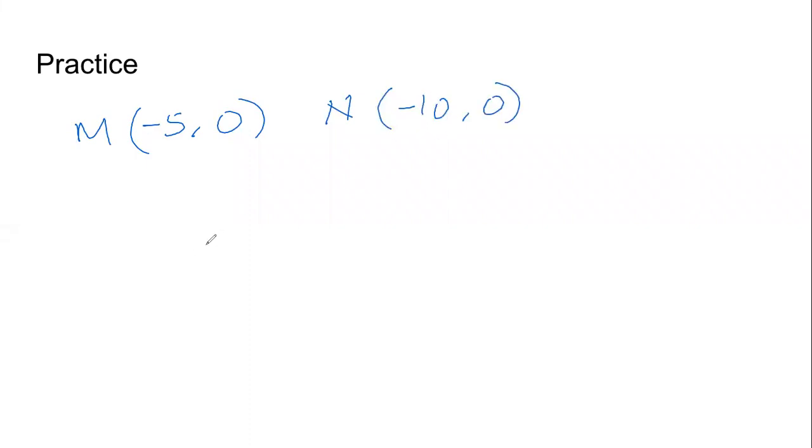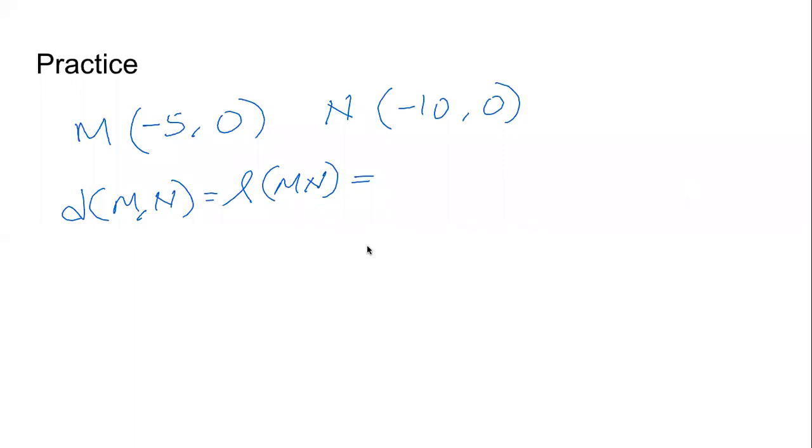The question is the same. What is the distance between points M and N? We can write it as D M, N, or we can write L M N. Okay. Find out and share.